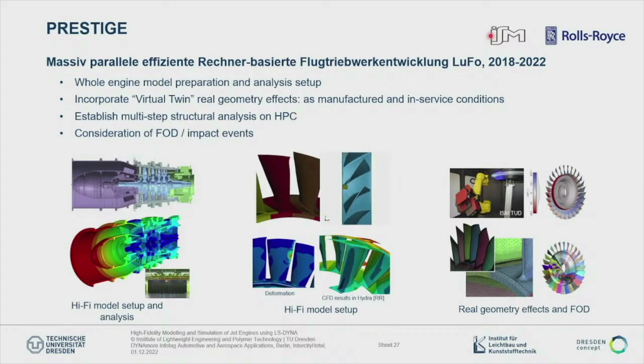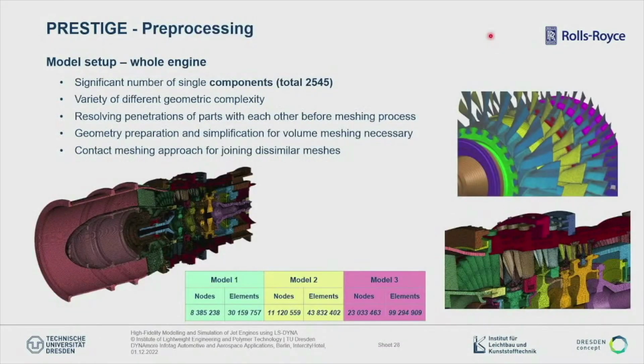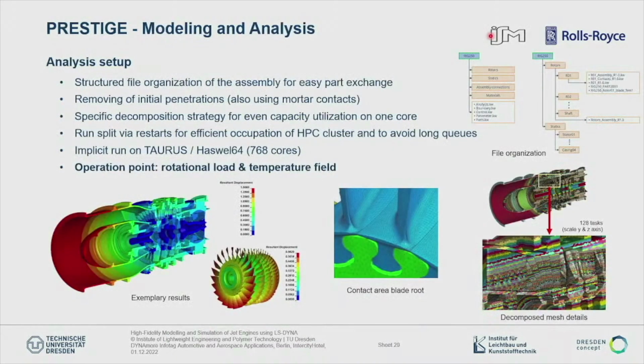So quite a challenge, quite a task. Many partners were involved besides these. And I want to bring out some examples of what we have been doing here. The first step was, of course, 100 million elements. So what do we do now with this?